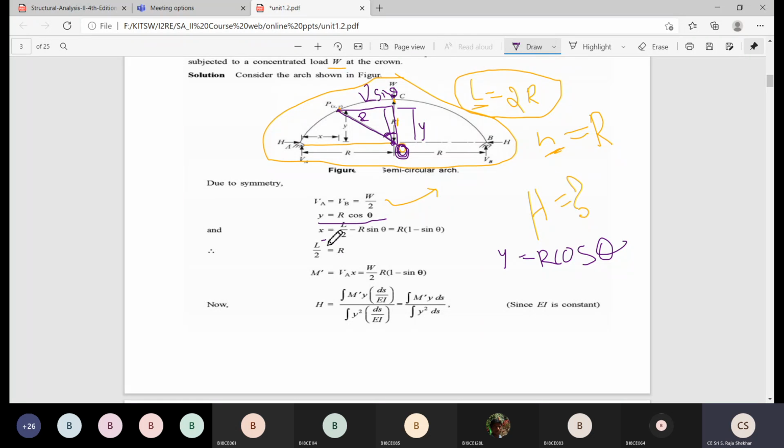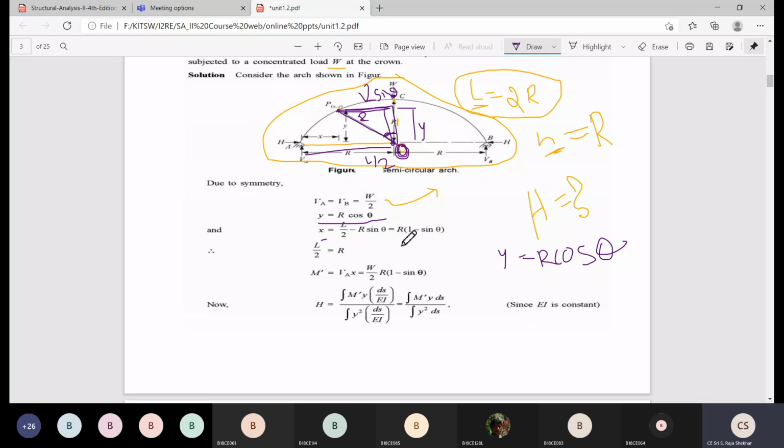Now you can write the x value. The total distance is L by 2, the span by 2, which is also equal to capital R. So x is equal to L by 2 minus this distance, and this distance is R sin theta.